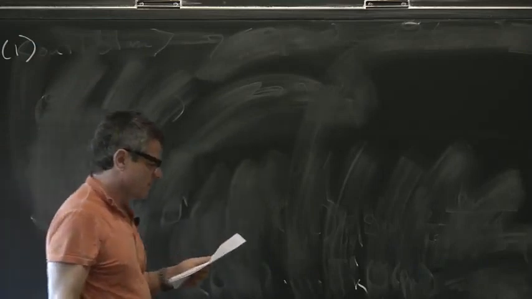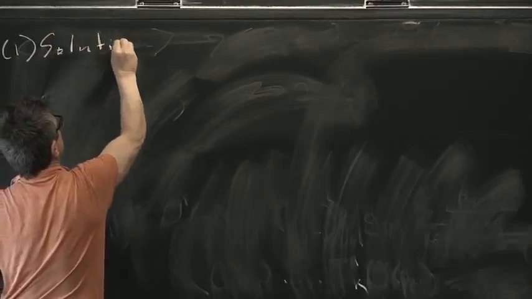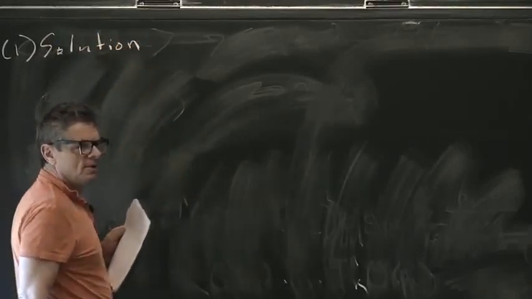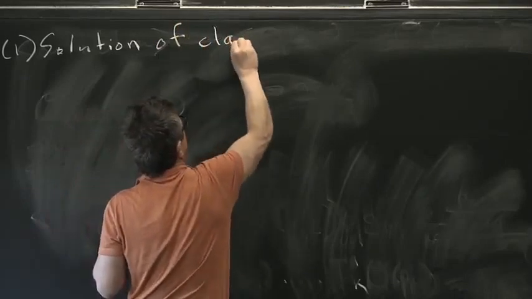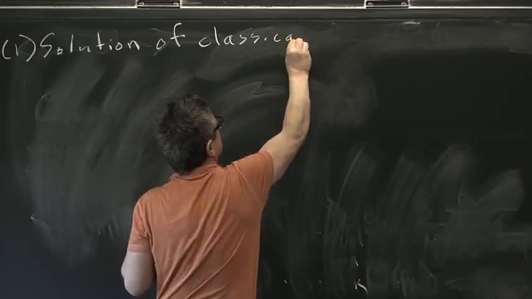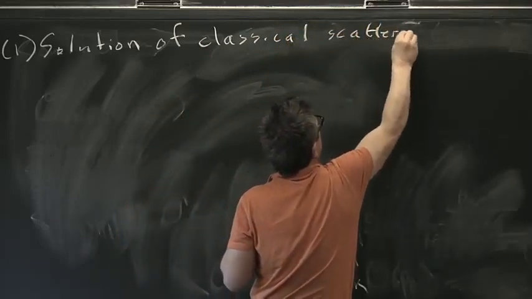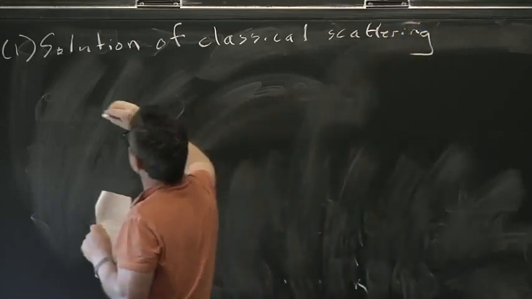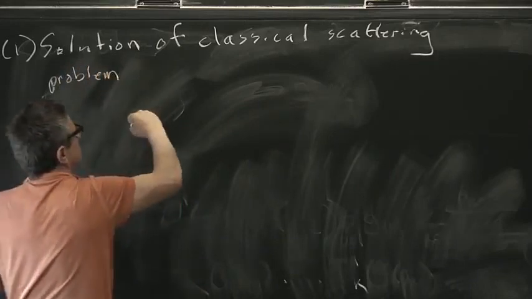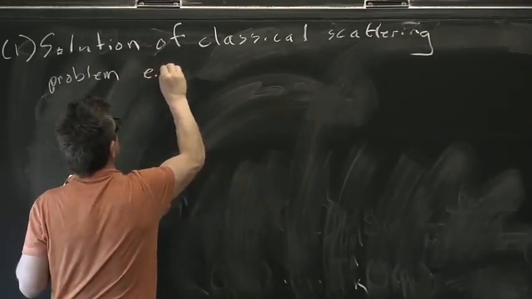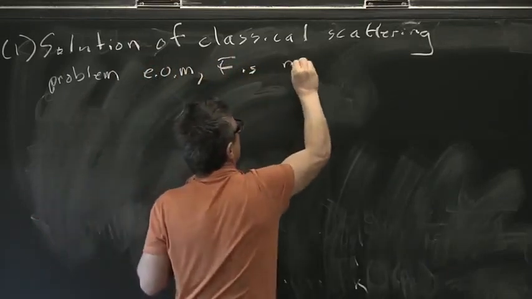First of all, already at the classical level, even before we get to quantum, using the equations of motion to get the solution of the classical scattering problem, to get F, is simply not enough.